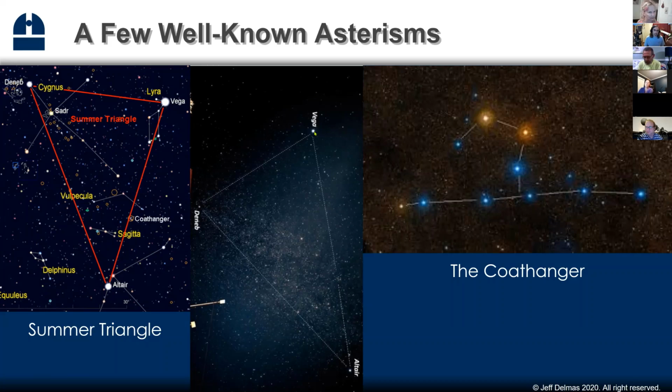Now, one of the key things within the Summer Triangle is if you look along the line between Vega and Altair, about 40% of the way from Altair is this thing called the coat hanger. I didn't want to include the technical name for it here.